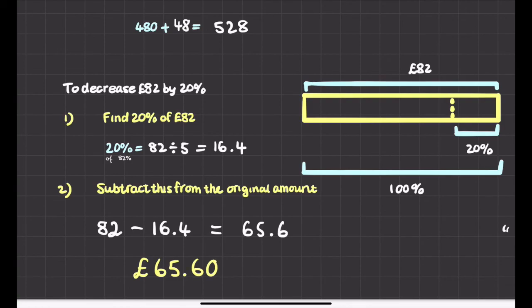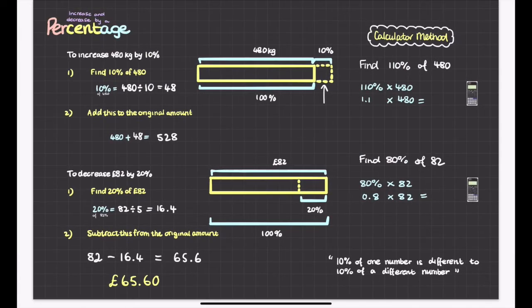Now, there is another way that we can do these questions, and we can do it on our calculators. If we've got a calculator handy, this is an easier way to do it. Because if I was increasing something by 10%, what I'm actually trying to find is 110% of 480, and I can simply multiply 110% by 480, and it will give me the answer.